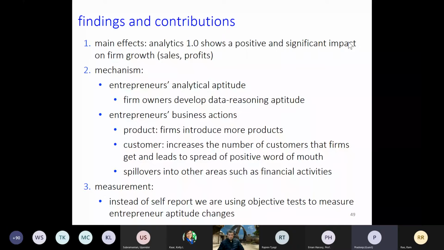Does it really have any impact? What we seem to have been able to show is that it does, and the mechanism by which it seems to have improved is the numerical capability of the entrepreneur, and also the consequent improvement in the business actions.